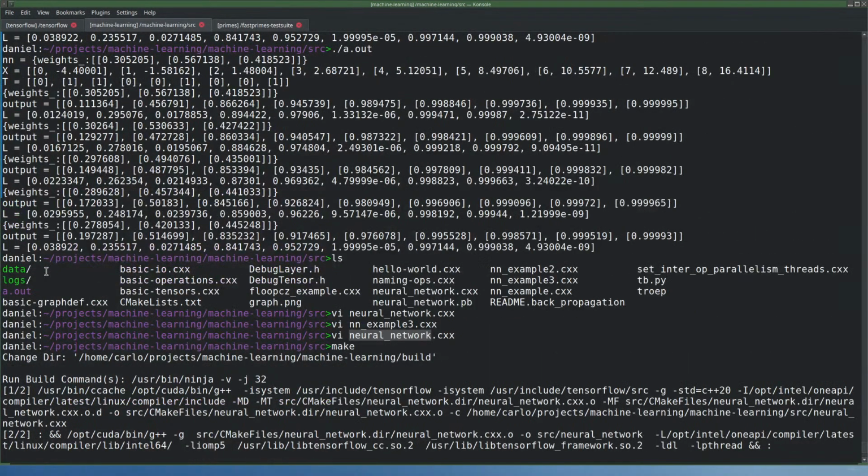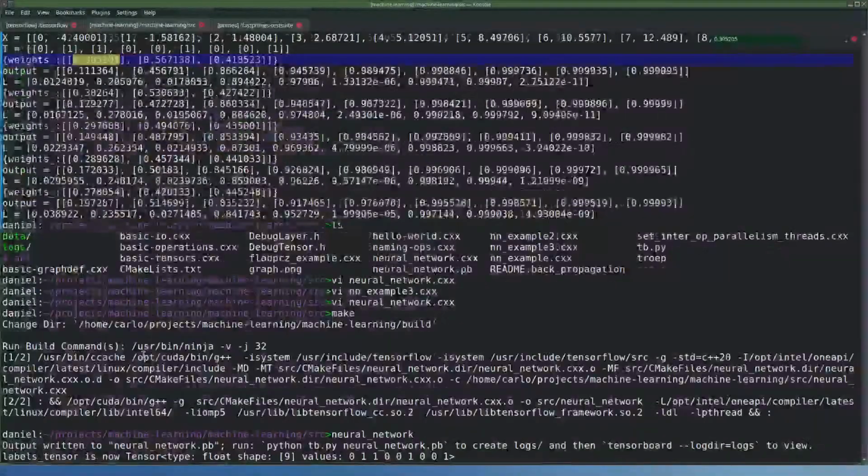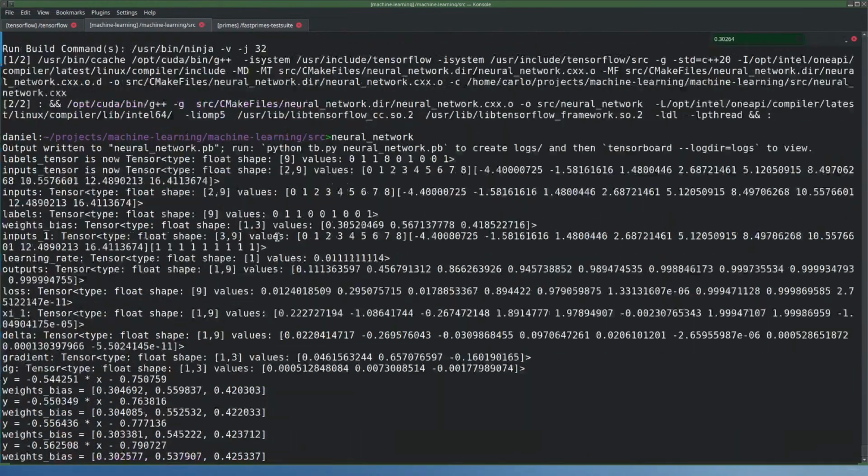It's not the same, is it? We start with this as the first element of the weights. No, it is already the second. Okay, so the second one is that one. It's already different.